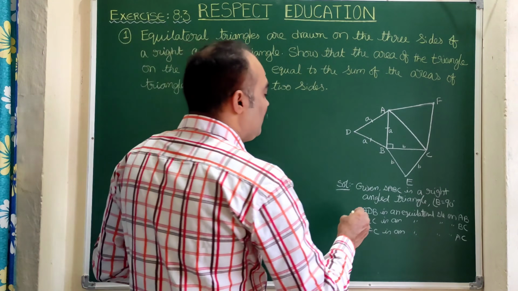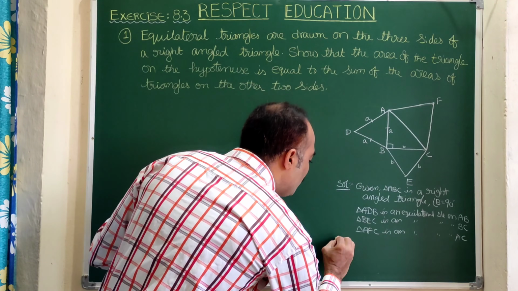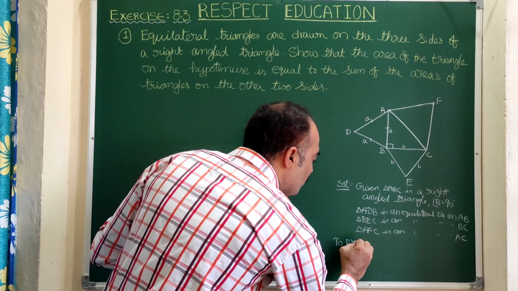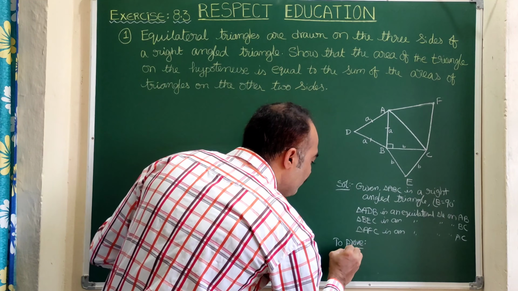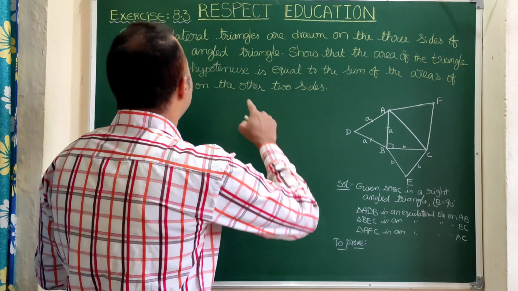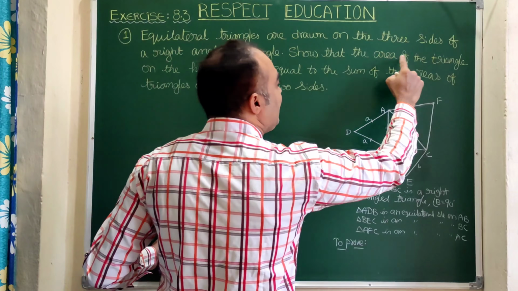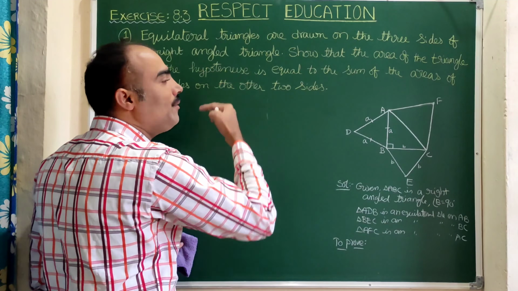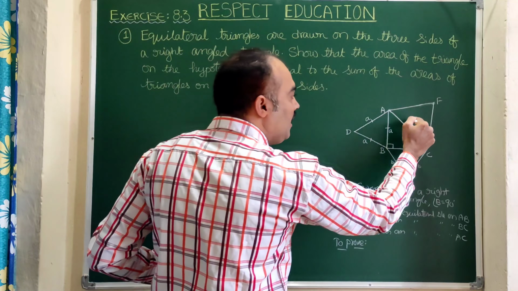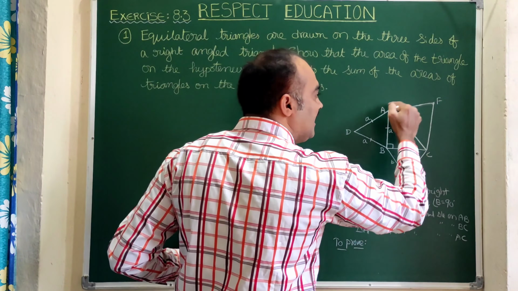Right. Now here, what is to prove? To prove, show that area of the triangle on hypotenuse. Here on hypotenuse, which triangle is there? AFC.